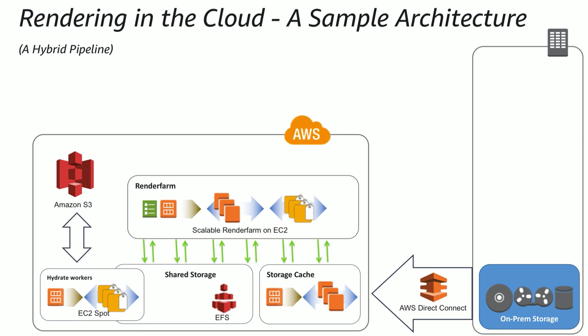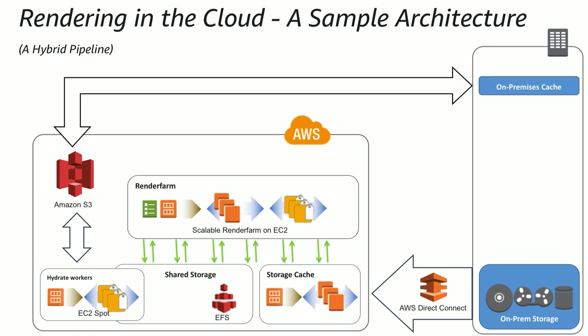On the left-hand side, you have your AWS environment, where your assets could be sitting in S3, or you are directly accessing those assets from the on-prem storage. Then you have a storage cache or a shared file system, or you could use a native service like EFS, Elastic File System, that Amazon offers. And then you're running a scalable render farm on top of it, typically an EC2 spot render farm.